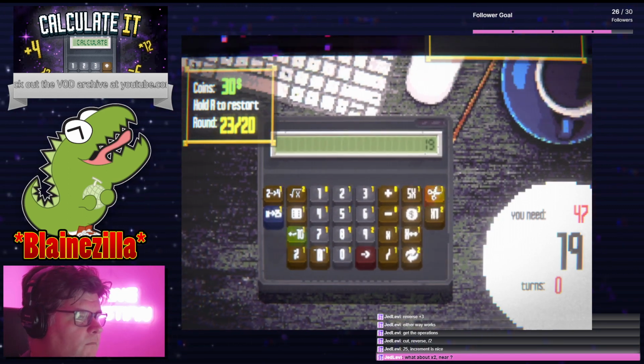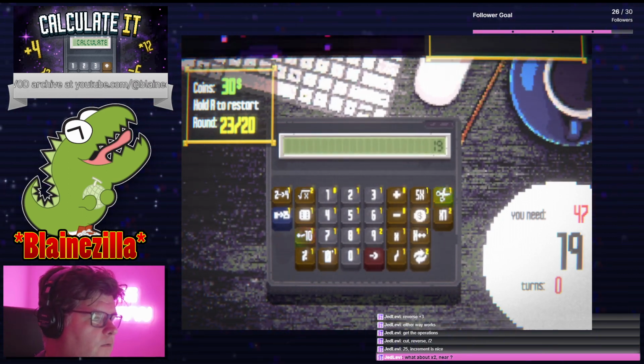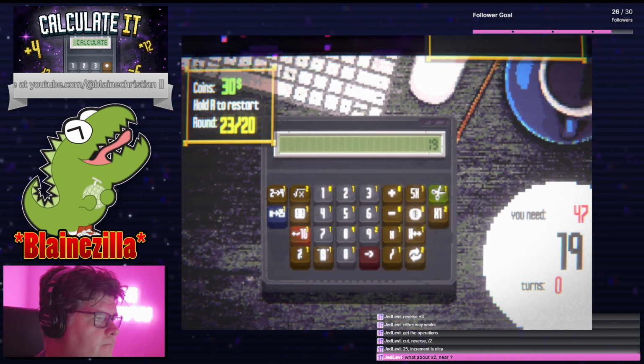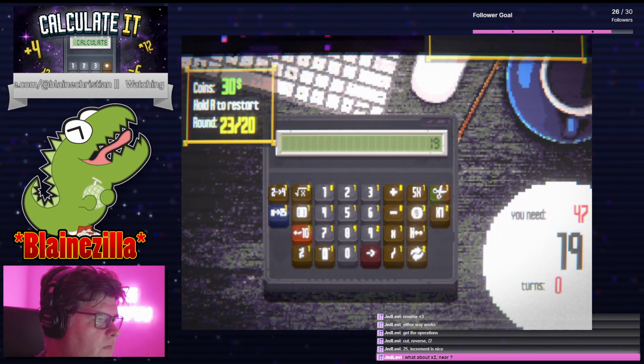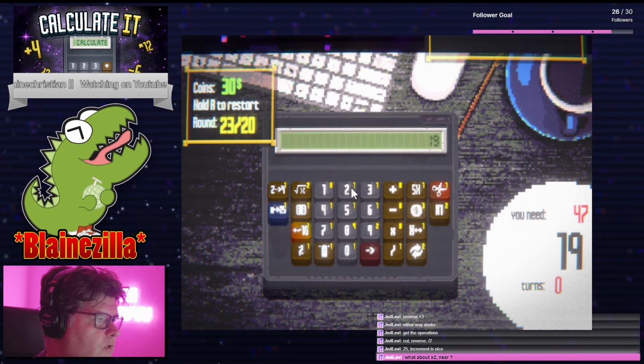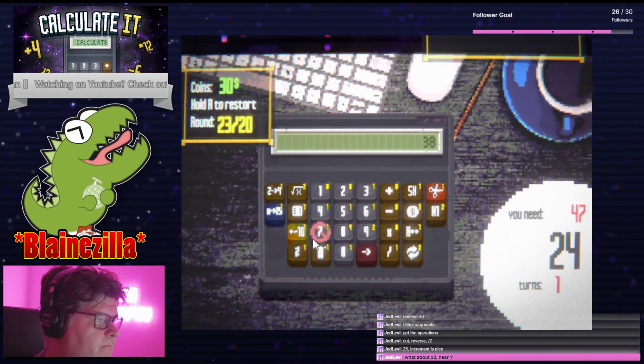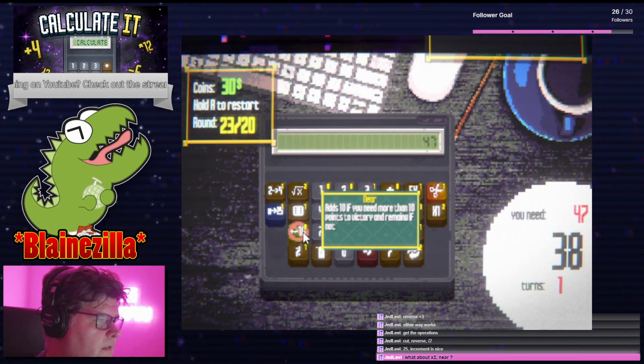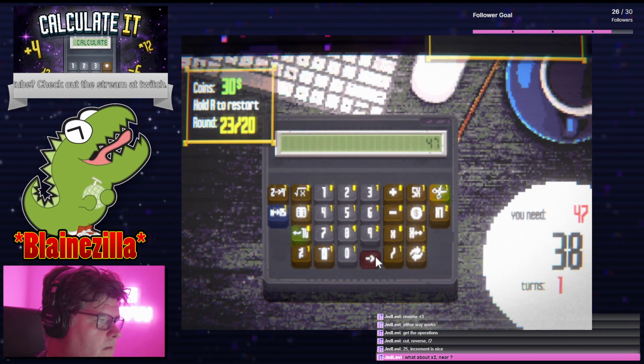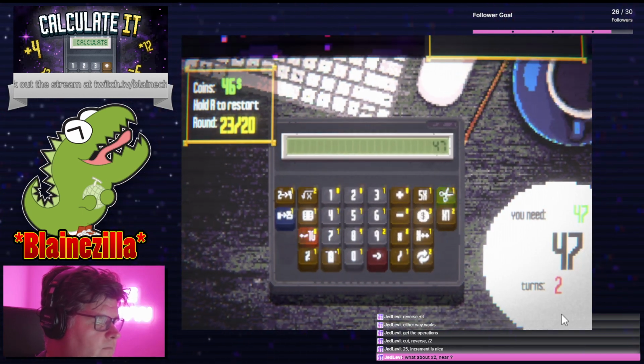Well, double near 38. Yeah. Times 2 near, I think, is probably as good as it's going to get. Because I'm sitting there drawing a blank on that one.